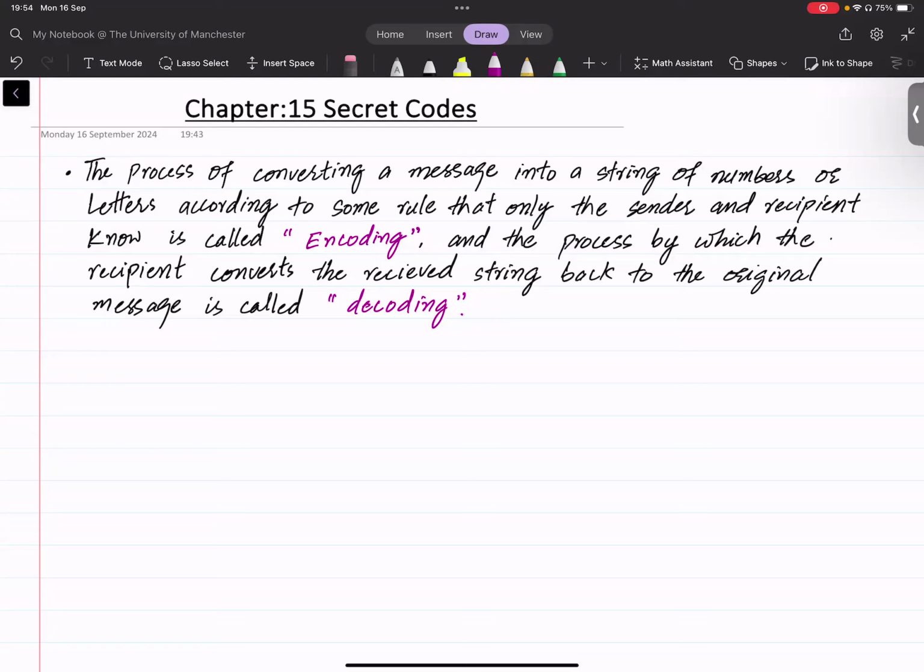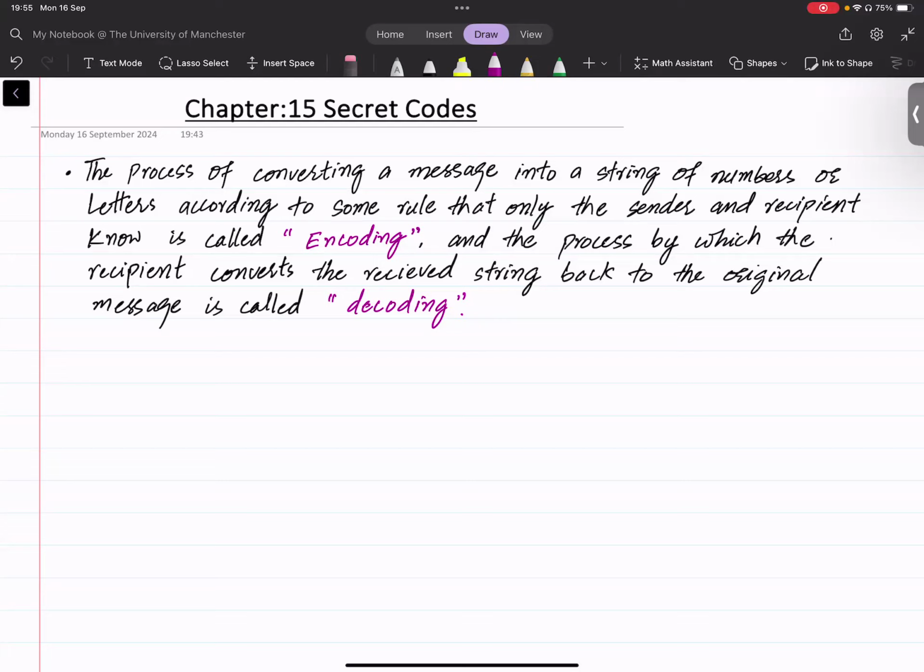Since time immemorial, people have found it necessary to send information to others in a secret way, so that even if a message is intercepted by a third party, it can be read only by the intended recipient.